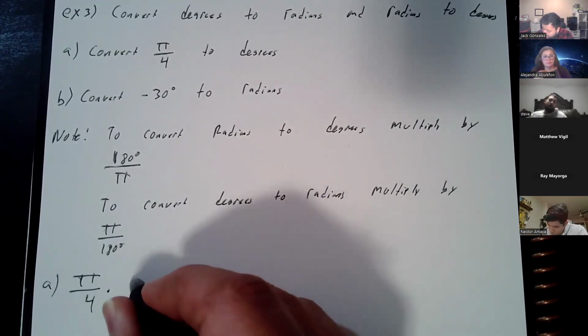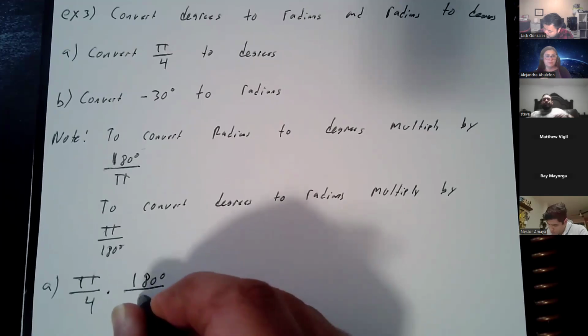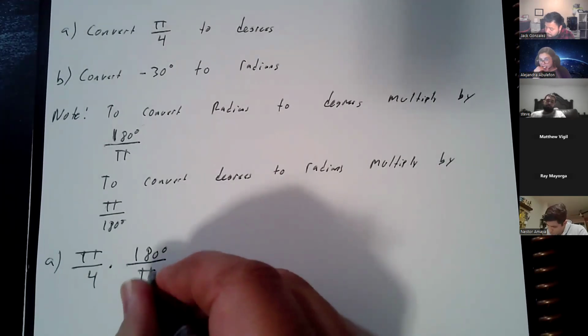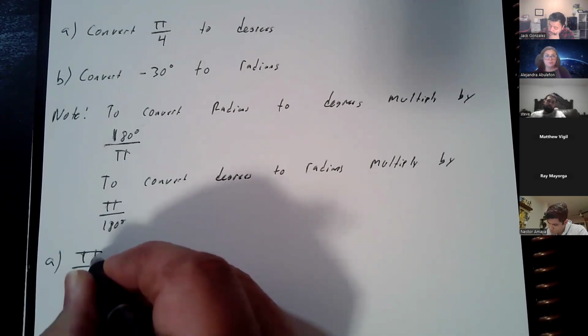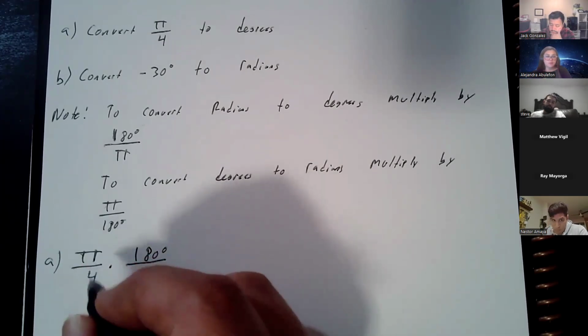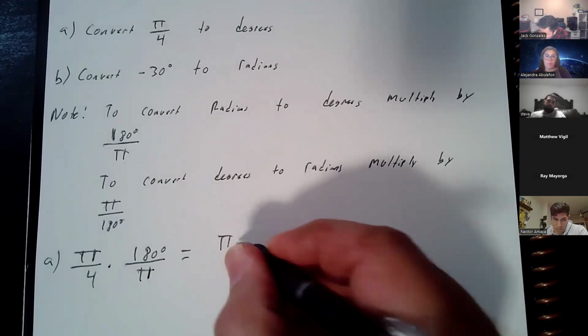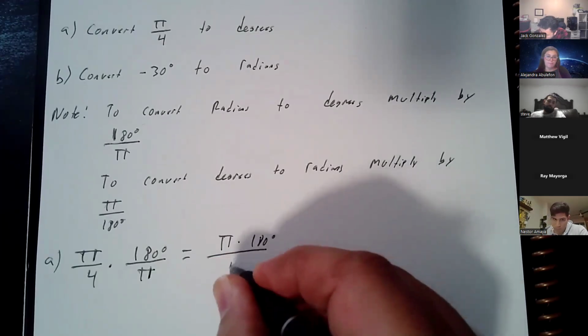So part A, multiplied by this guy. These will cancel. Let's show the multiplication real quick. This would be pi times 180 over 4 pi.